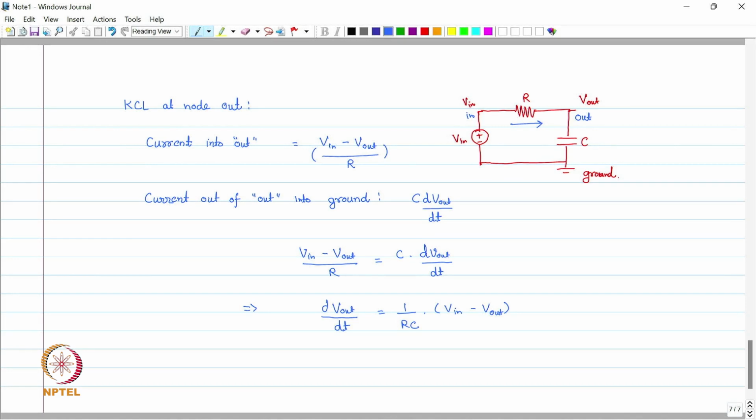So this is the equation we come up with, and if we solve it, the solution of this equation is V out, which is a function of time, equal to V in plus V out at t equal to 0 minus V in, into e to the power minus t upon RC.